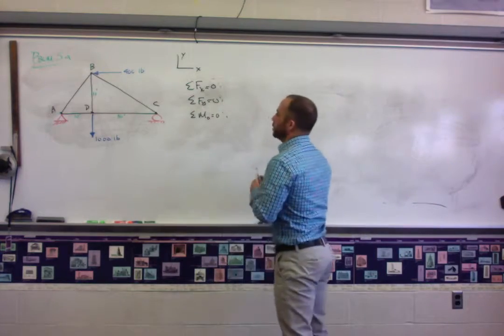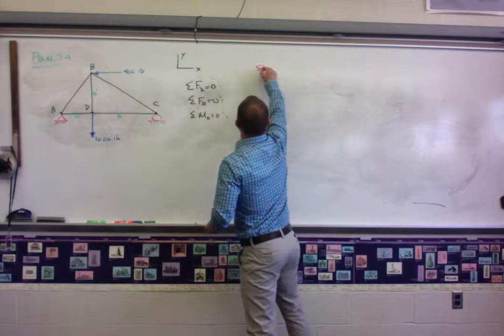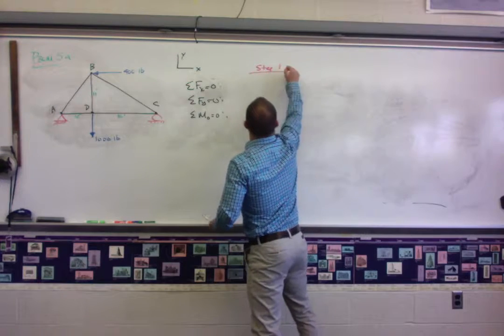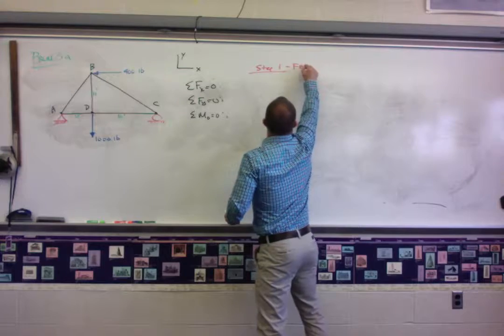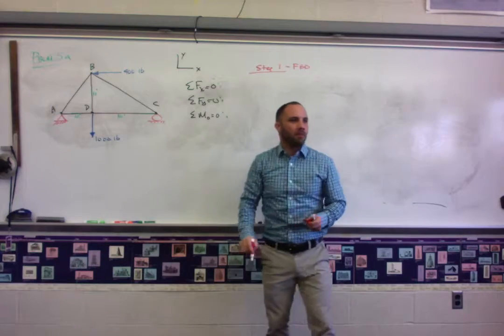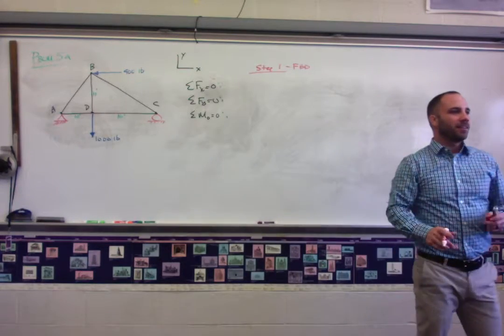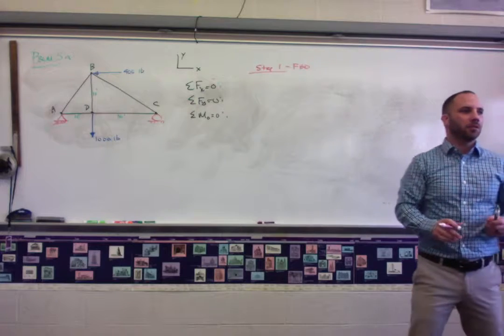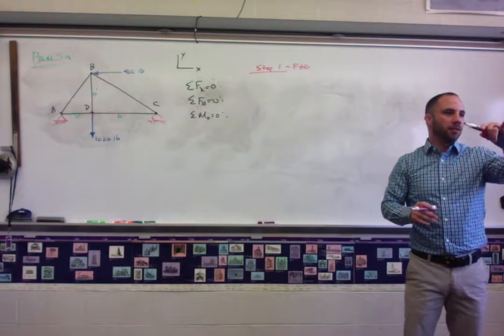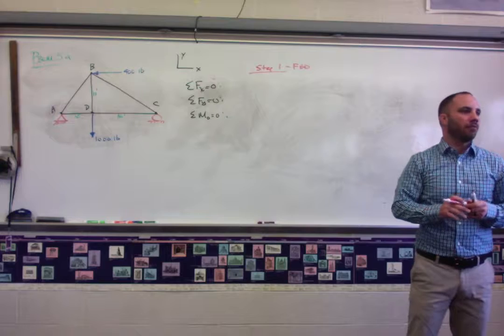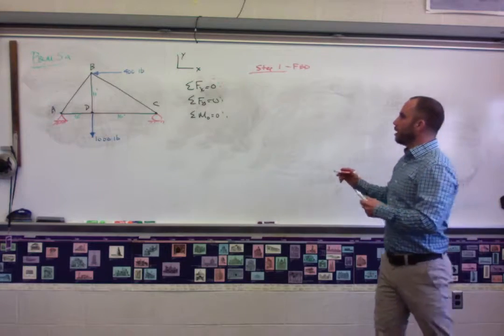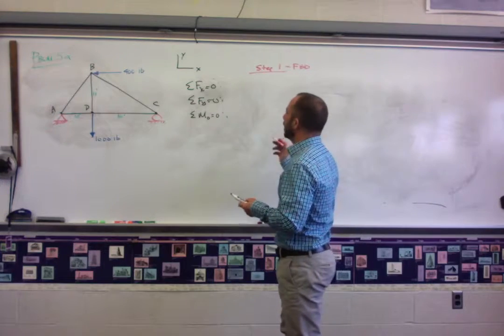Okay, so with that said, the first step: step 1, take the truss and make an FBD. What's an FBD? Free body diagram, okay? So we have to take this truss and rewrite it.